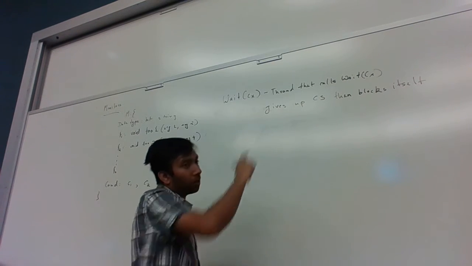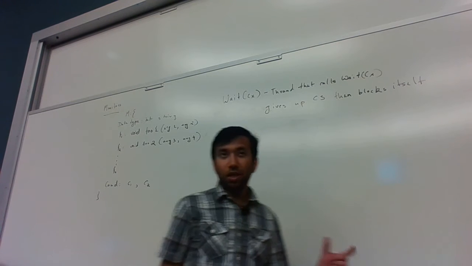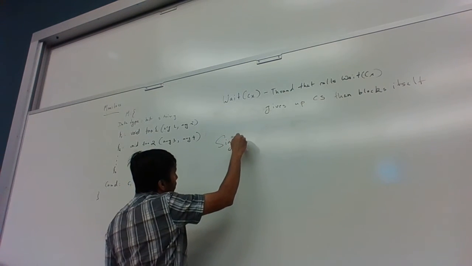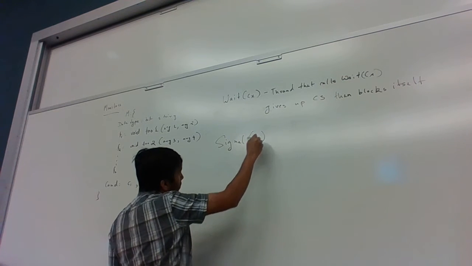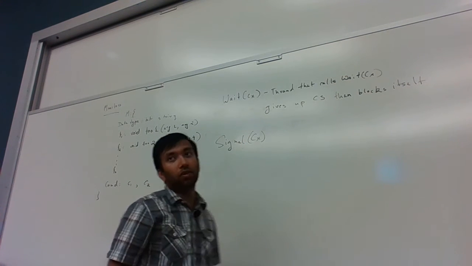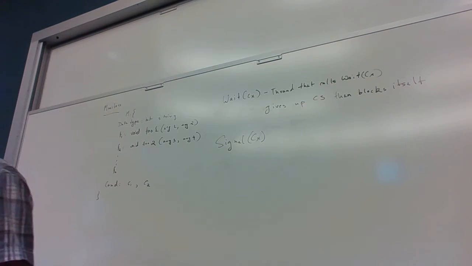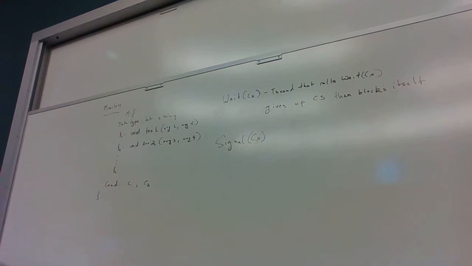Now how will it get unblocked? It can only get unblocked if some other thread calls signal on the same condition on which this first thread was waiting. You cannot call signal on a different condition. You have to call signal on the same condition for which the other thread was waiting.